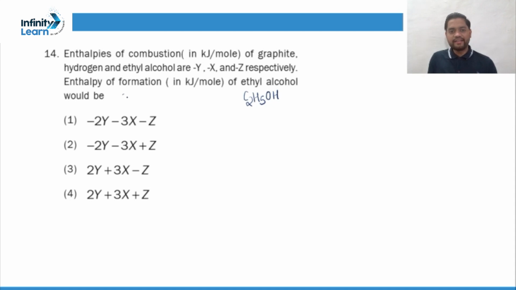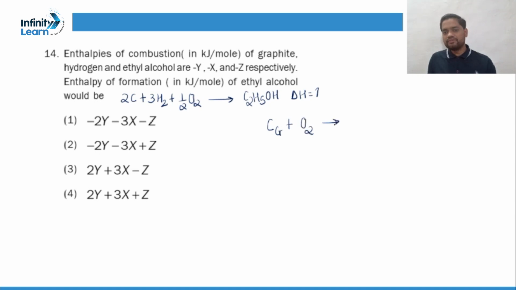So with this, I require 2 carbon plus 6 hydrogen, that is 3 H2, plus half oxygen will give you this, and delta H is a question mark over here. To get this data, what they have given is graphite, hydrogen and ethyl alcohol combustion. So carbon as graphite combines with oxygen to give you CO2, and delta H value over here is minus Y.